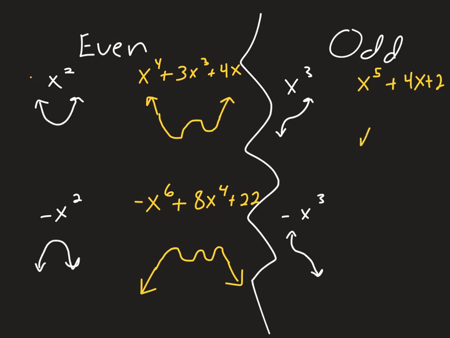To the left, it goes down, and to the right, it goes up. All I'm doing is using my little cheat code right here. So x cubed goes down to the left and up to the right. So if it's a positive odd, down to the left and up to the right. Some other stuff could happen in the middle here, and I don't totally know, but that's okay, because all I want is the end behavior.